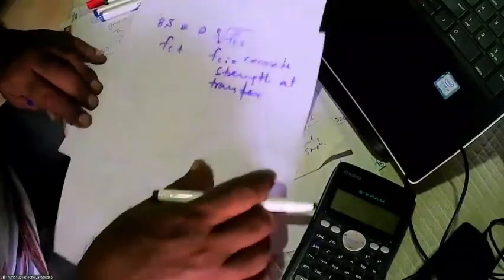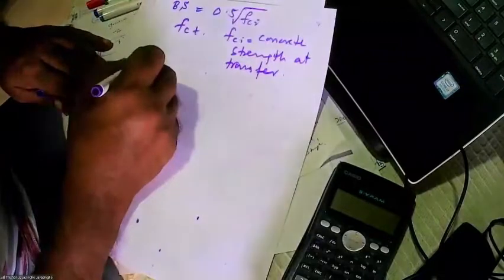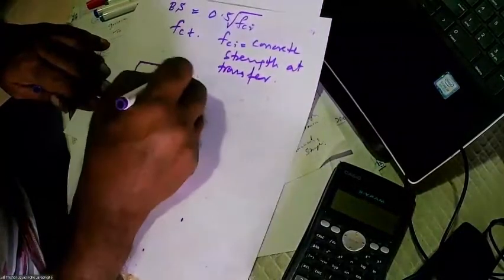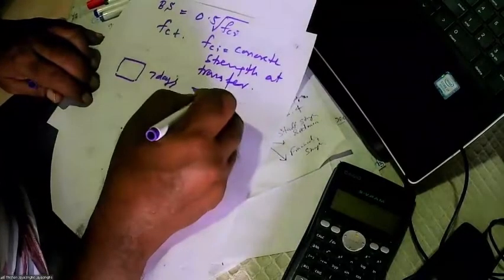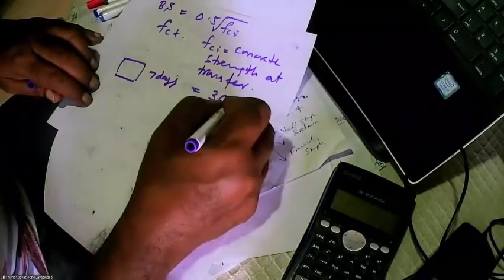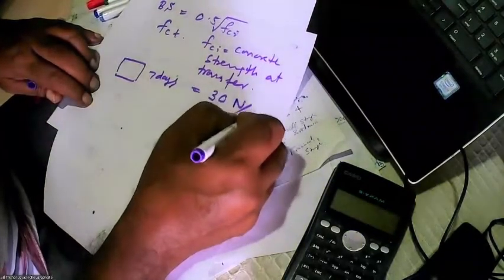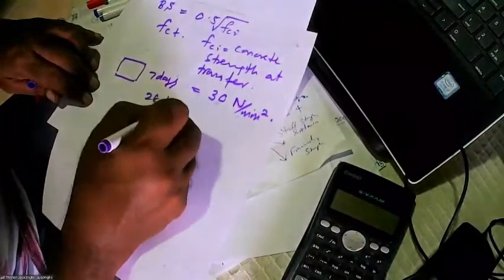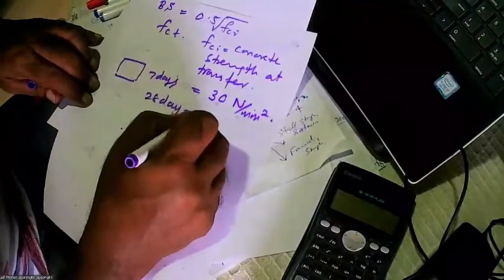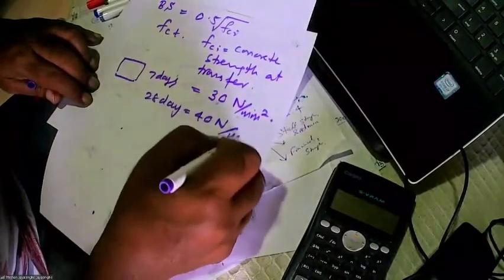So when you cast concrete, we generally stress in about 7 days. So 7 days strength has to be about 30 megapascal, if the final 28 days strength is about 40 megapascal.